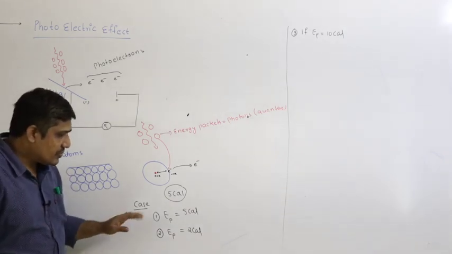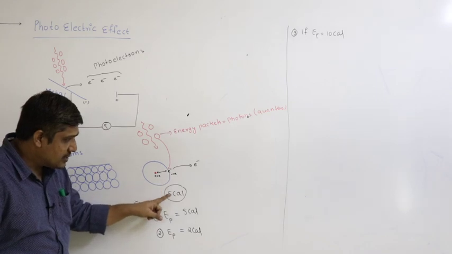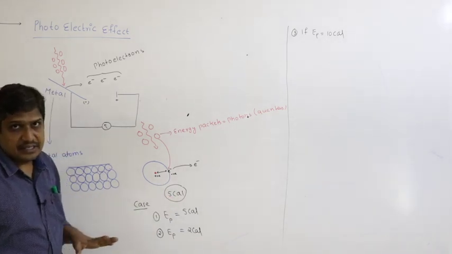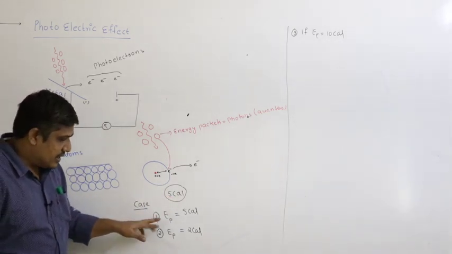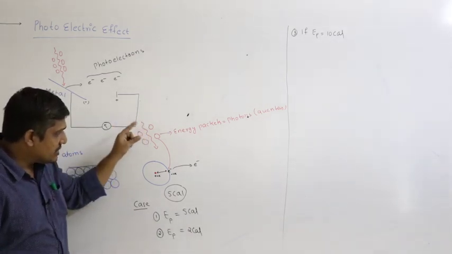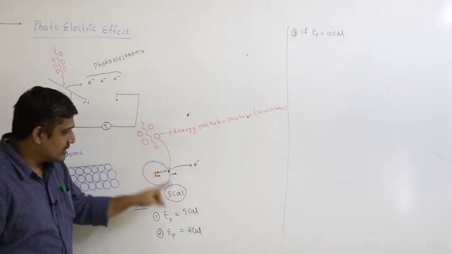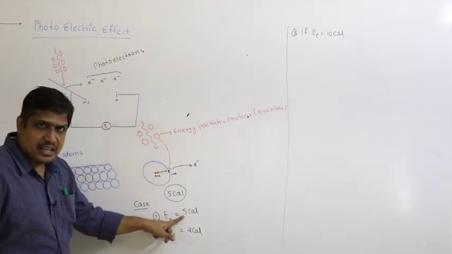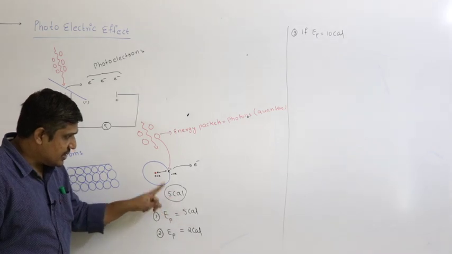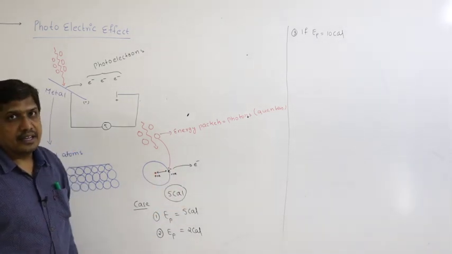Before that, the energy required to overcome this nuclear attraction, we assumed it as 5 calories. So case 1, the energy associated with the photon is 5 calories. You are allowing a light radiation where the energy of the photon is 5. The electron absorbs the photon, gains this 5 calories. Is it sufficient enough? Yes, it is sufficient enough. The electron will come out, but it will not have any kinetic energy.